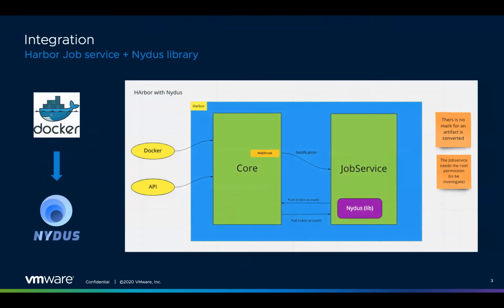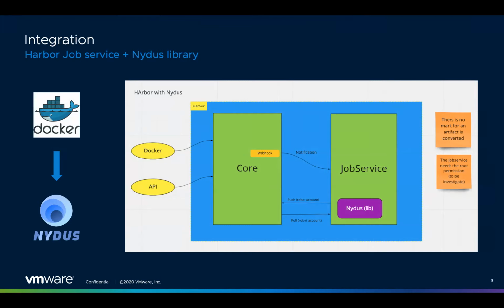In order to leverage the benefits of Nidus, the first thing we need to do is convert the OCI format container image into a Nidus format container image. Nidus provides a tool named Nidify to do that. So today's demo is about integrating Nidify into Harbor.